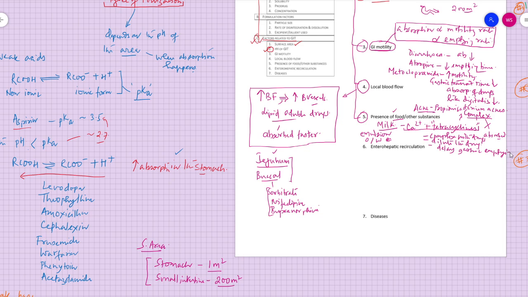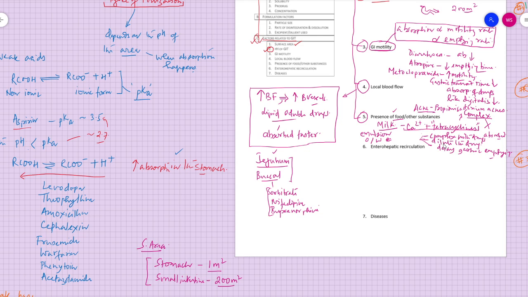If gastric emptying decreases, the drug will reach the small intestine very slowly, and as a result, the absorption rate would again decrease. So these are the three general mechanisms by which food alters absorption: some food forms complex with the drugs, some dilute the drug, and some delay gastric emptying.